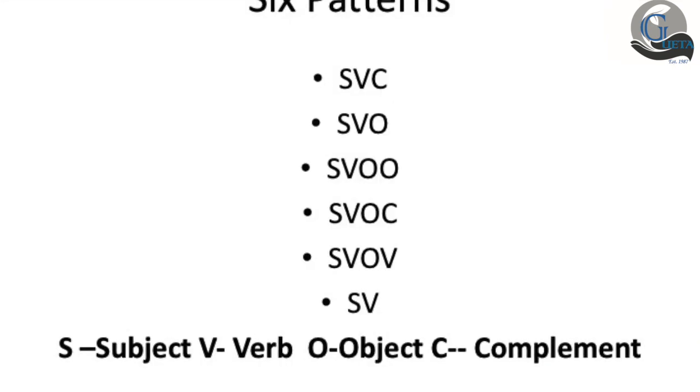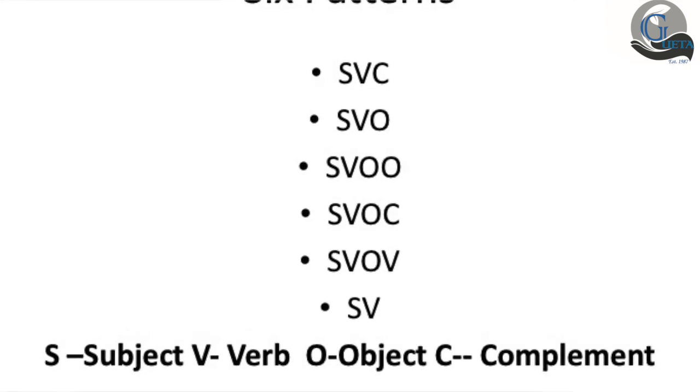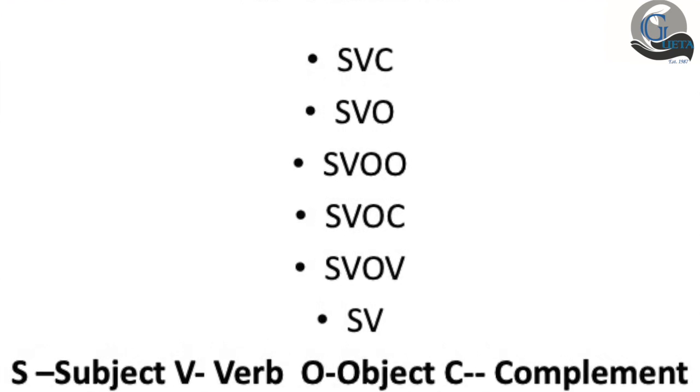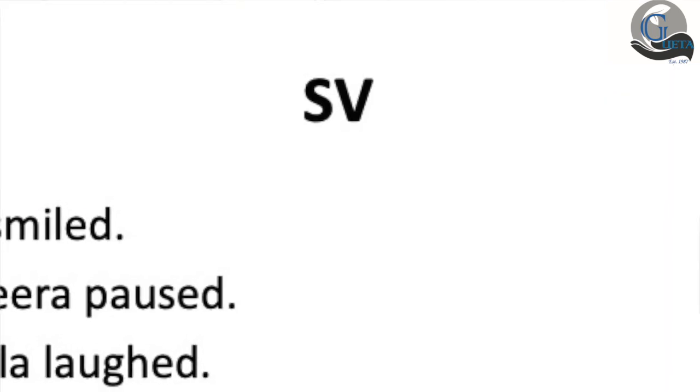A quick recap. SVC, SVO, SVOO, SVOV, SVOC. And the last one, the 6th verb pattern that I'm going to be talking to you about is SV.